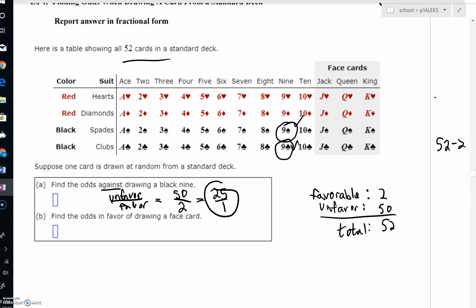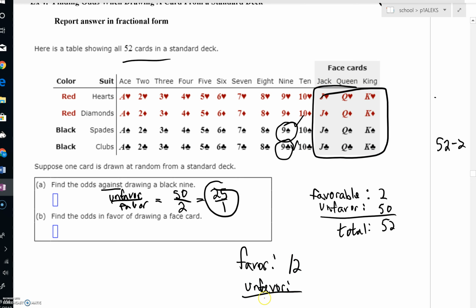Last one. In favor of drawing a face card. So you want that to happen. There are 12 face cards, right? There are 12 face cards here. You've got a total of 52. And if we just subtract 52 minus 12, you'll get 40.